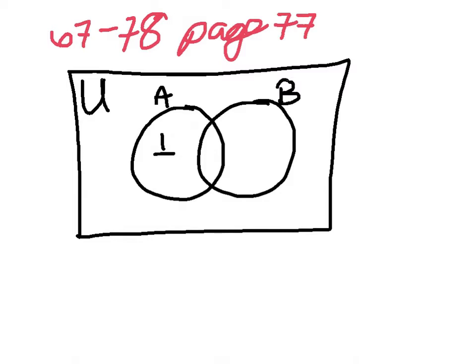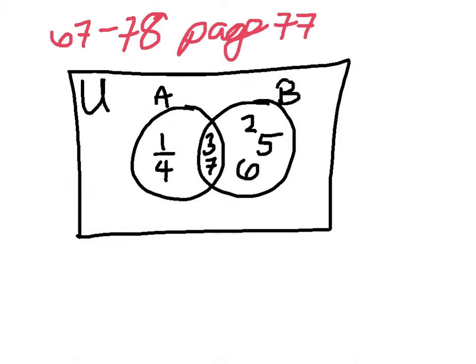Pardon me. I don't want a fraction bar there, so ignore that fraction bar if you can. 1 and 4. Then 3 and 7, and also 2, 5, and 6.